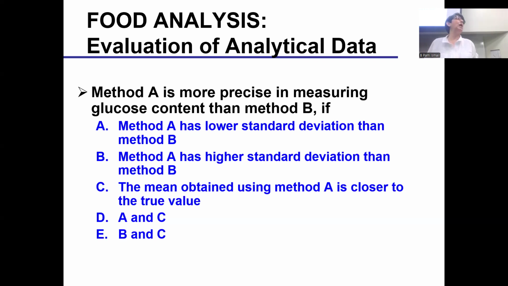Yes, so we'll go with that. It's fine. Both A and C. You know, it's partially correct. Let's hold that thought. Okay. Yes, it is just A. So the term for C is accuracy.